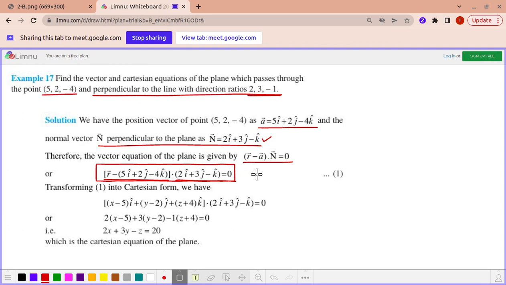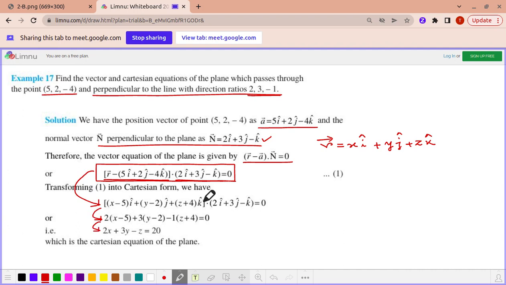So, that is why we can write the r vector is nothing but x i cap plus y j cap plus z k cap. Now, apply this one, and we get this equation, and we simplify, we get this equation, we further simplify, we get this equation.